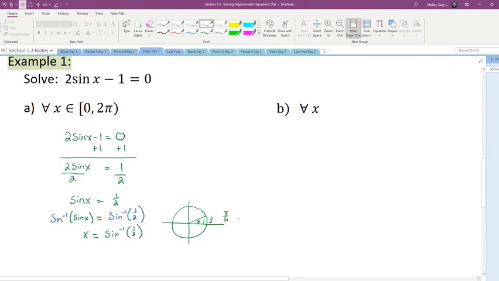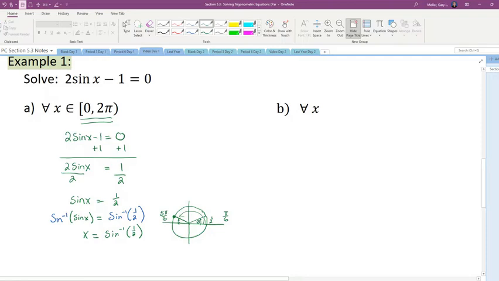Where else, because look at what I'm asking, is there an answer between 0 and 2 pi? I got one answer there, and I've got one answer here. So this would be another pi/6 reference angle, so this would be 5 pi/6. So theta of pi/6 would be opening up to here, and then 5 pi/6 opens up to there.